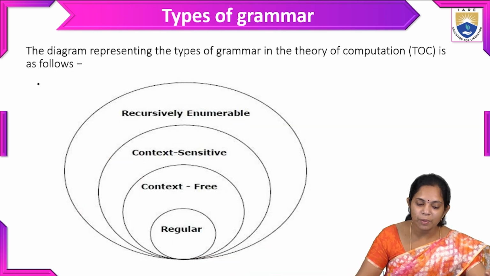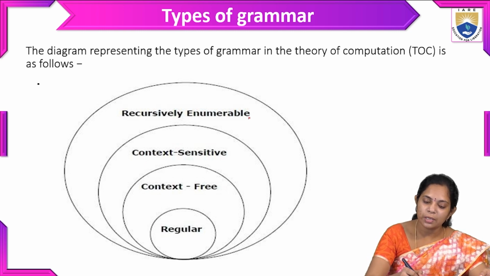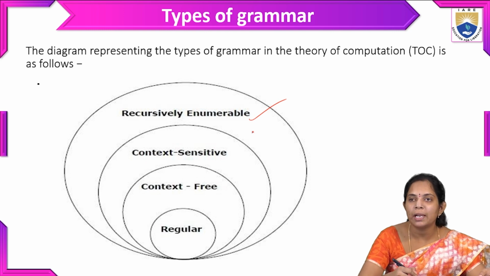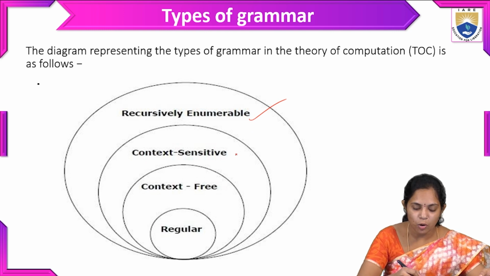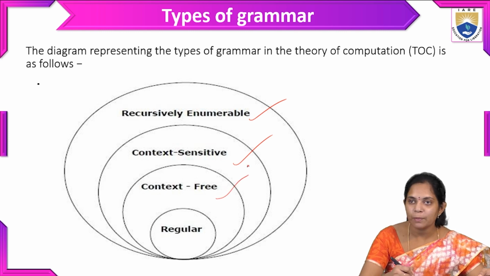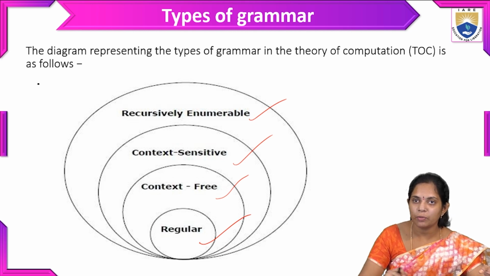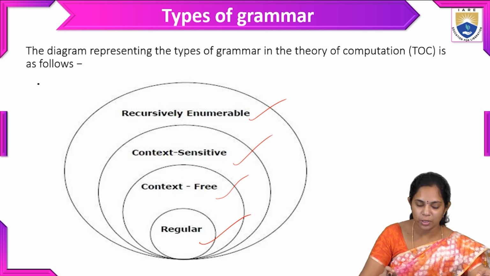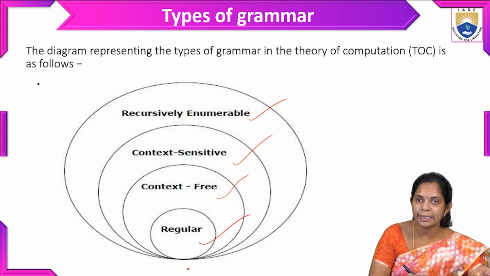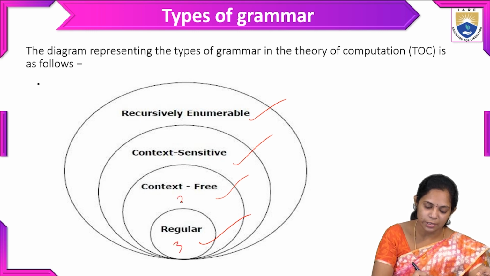Here the diagram represents the types of grammar in the theory of computation. The recursively enumerable language grammar, the context sensitive grammar, next the context free grammar, and next the regular grammar. These are the four types of grammar we discussed in the previous slide. This is how they look grammar-wise: this is type 3, this is type 2, this is type 1, and type 0.